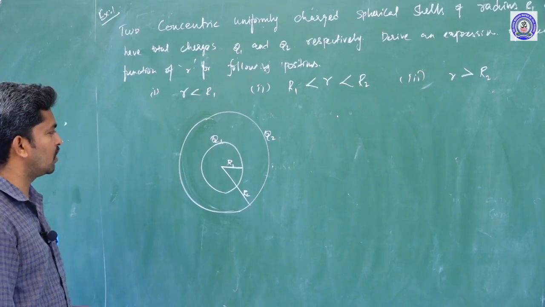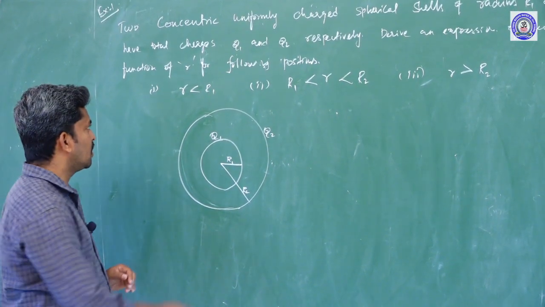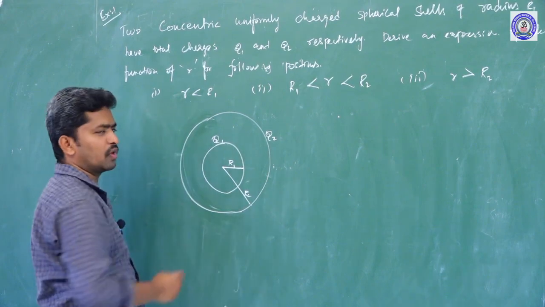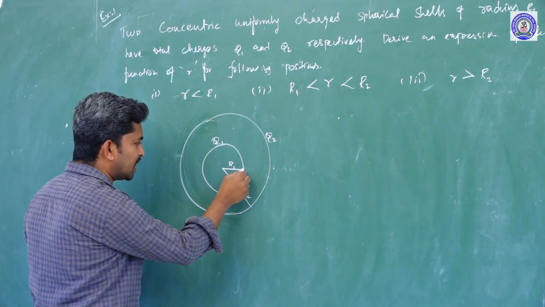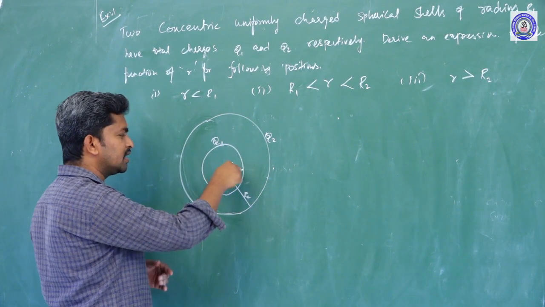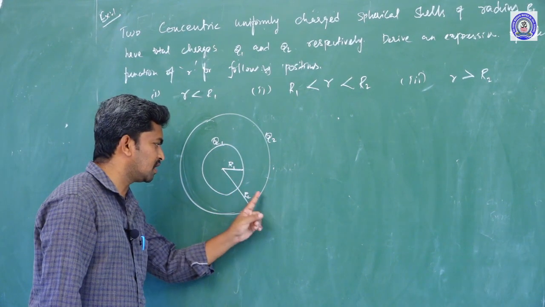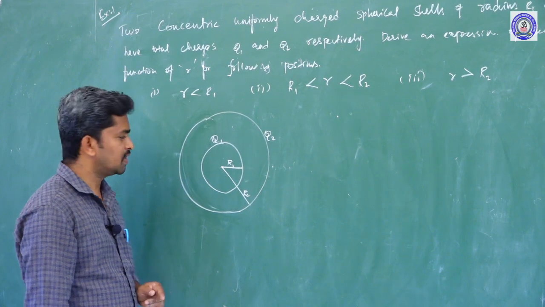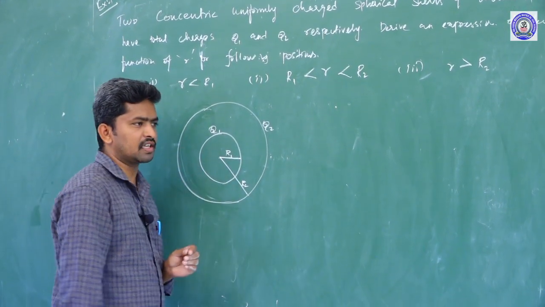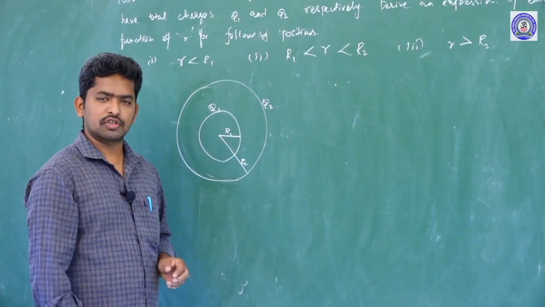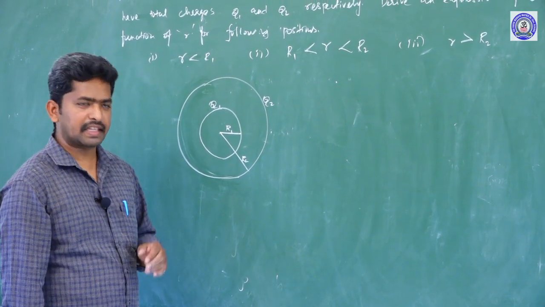r less than r1. Consider the Gaussian surface with r value less than r1. Less than r1 means inside of the inner sphere. You take two spheres: one is the inner sphere, another is the outer sphere. The inner sphere produces electric field E1, the outer sphere produces electric field E2.